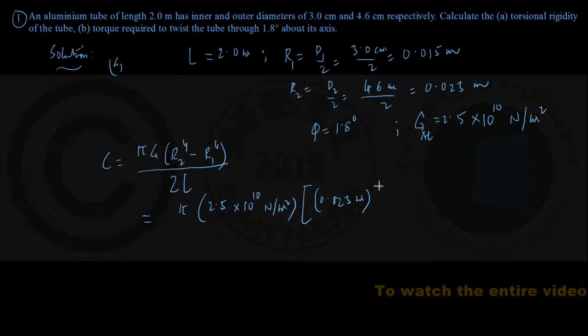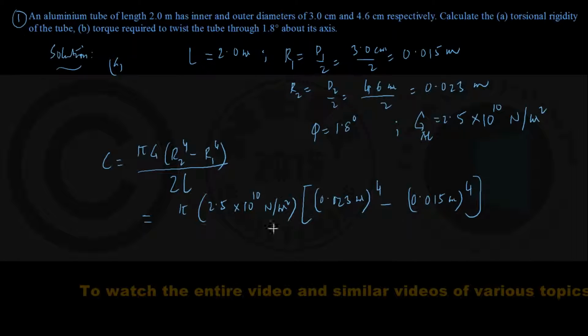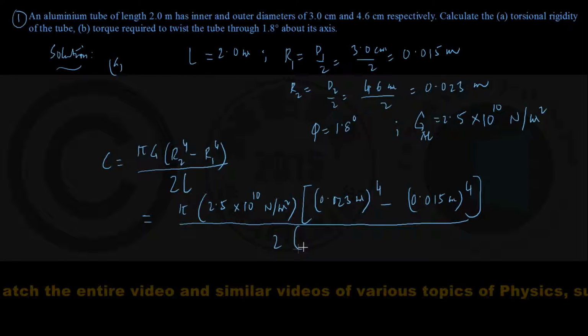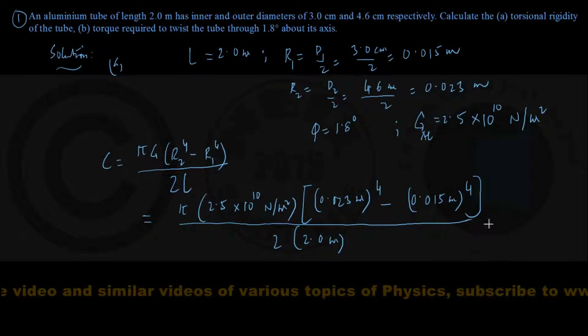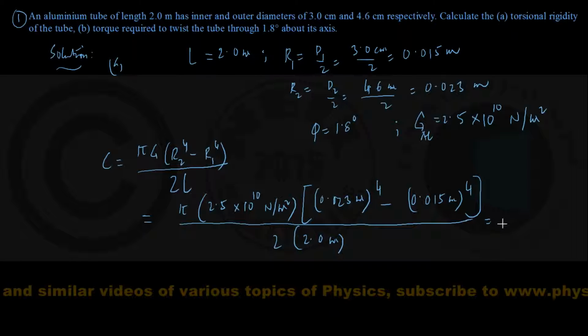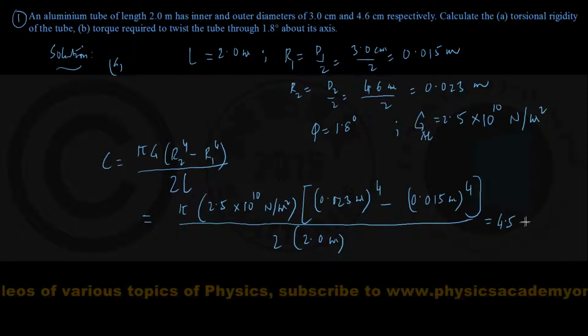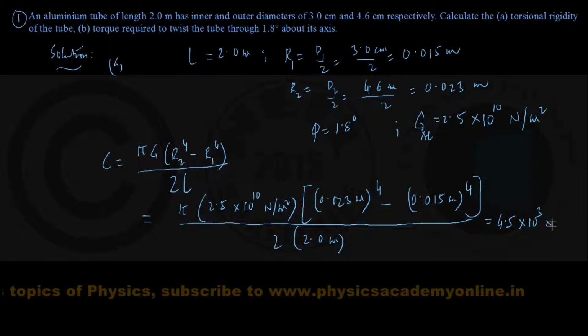This is whole to the power 4 minus R1 to the power 4, that is 0.015 meter, again whole to the power 4. This is numerator divided by twice L. L has been given to be 2.0 meter. Complete the calculation and show that the value of C is coming out to be 4.5 into 10 to the power 3 Newton meter.